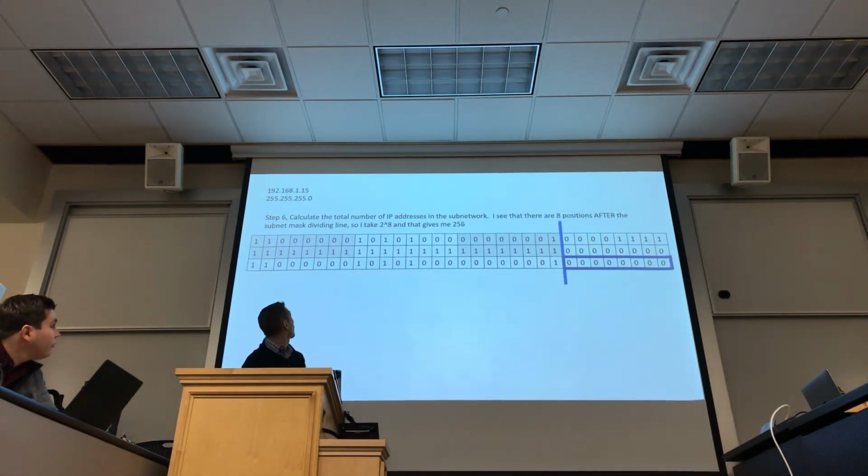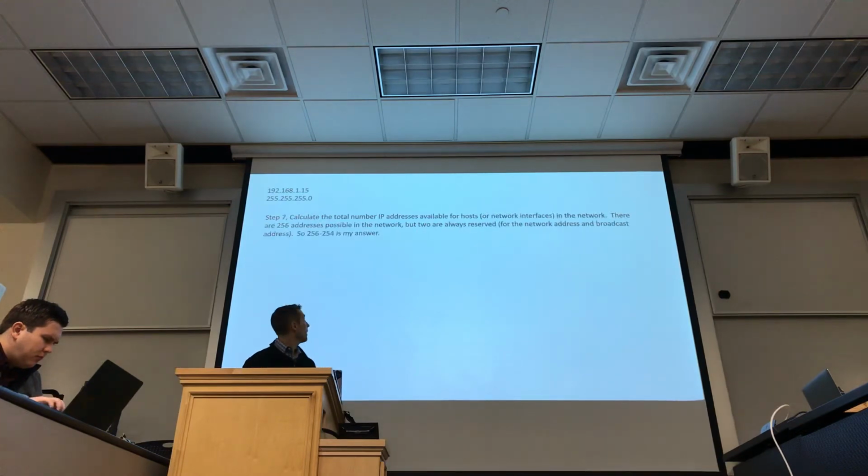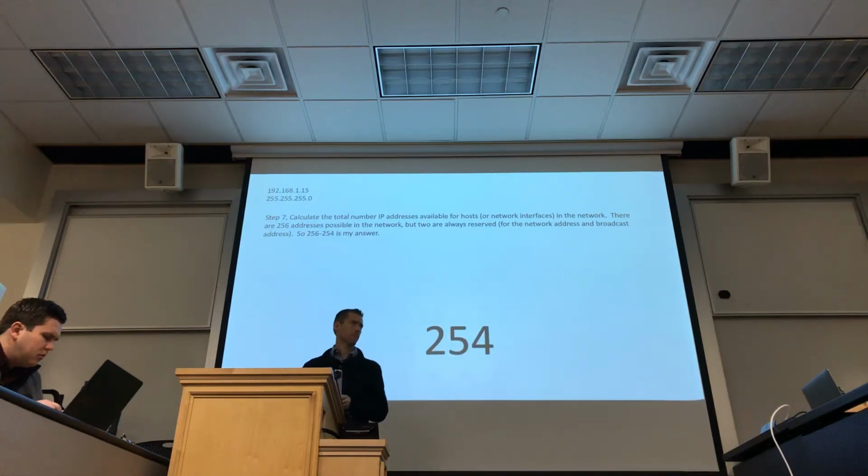So to calculate the total number of available IP addresses within this network, I can take 2 to the 8, 2 to the number of bits that are there. That could be 256 possible IP addresses. Then I know that 2 are reserved, so I take 2 from that, and I get 254.